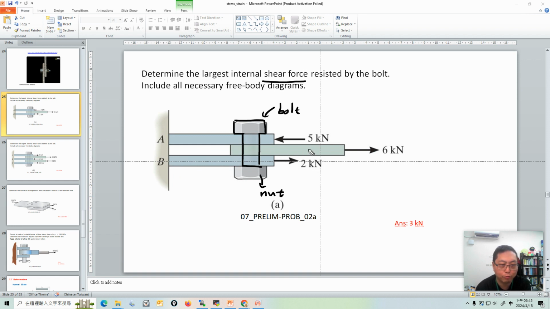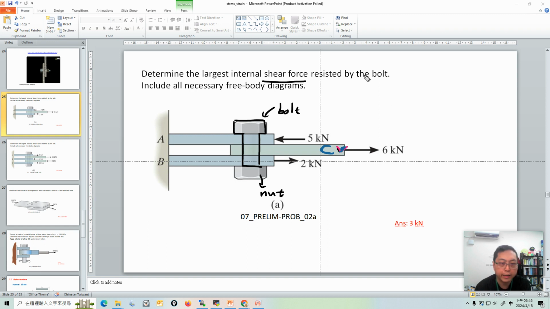Then we draw the free body diagram on these three pieces. In this graph they call them A and B, so let's call this one C, and start from C.